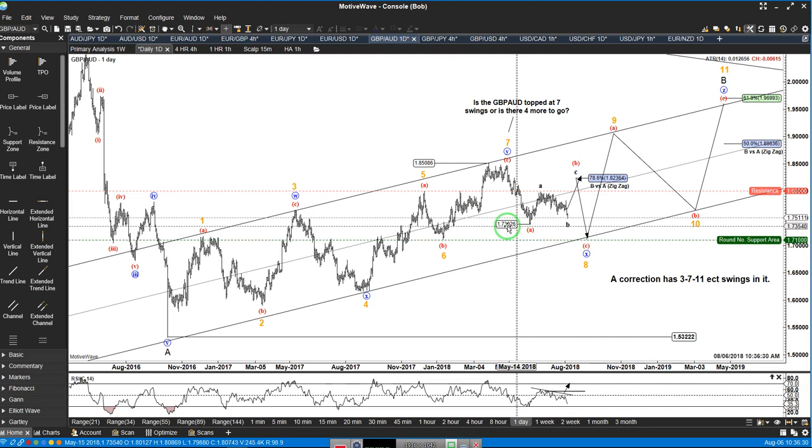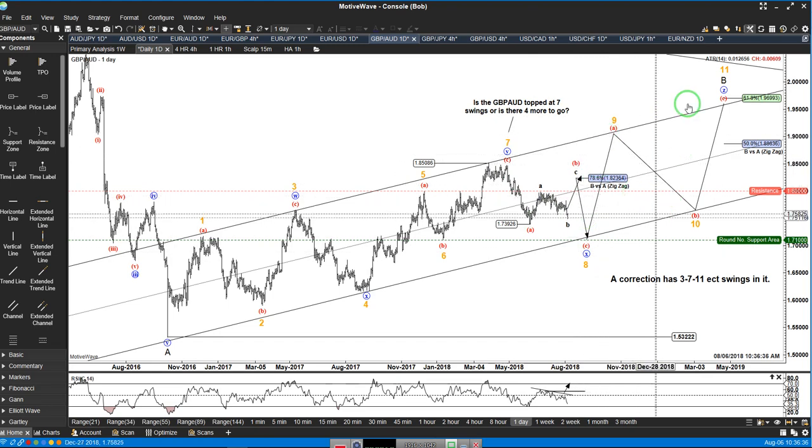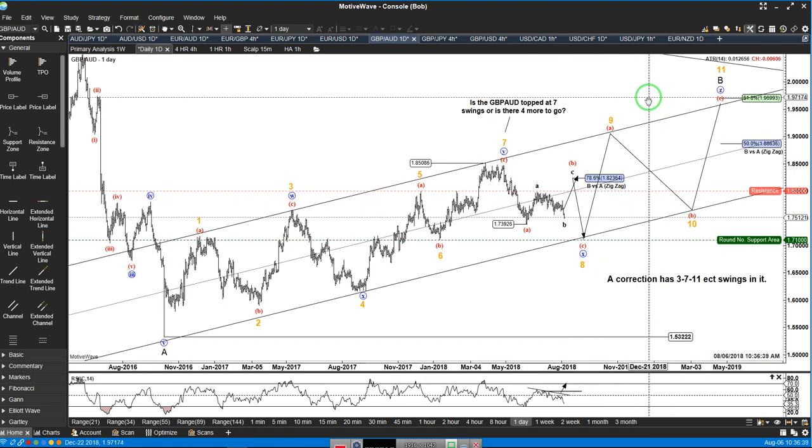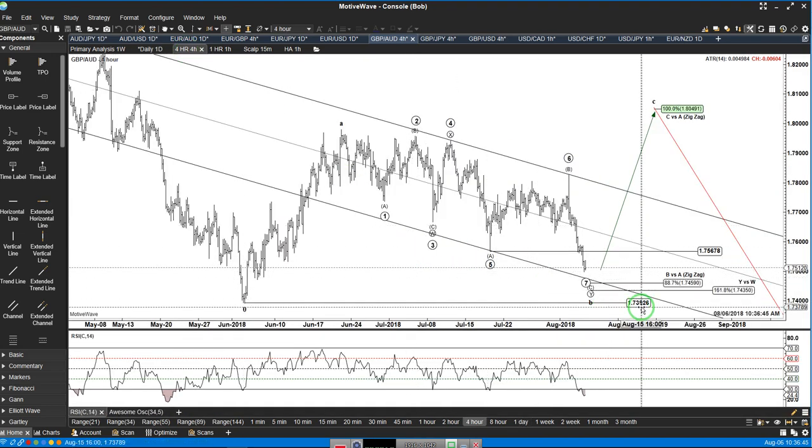If it breaks this 73.92, that would complete the 8th swing. Then we'd be looking for 9, 10, 11 up. So we need to hold this 73.92 low.